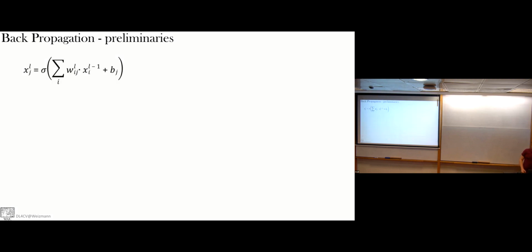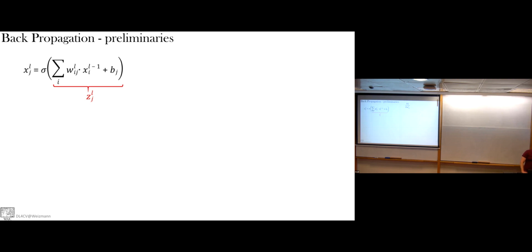Okay. So here is how we're going to approach our challenge of getting the gradient of all the weights and biases in a neural net. So this is the function that we have for every neuron, and I'm going to annotate the thing in the brackets as z, just so it can help us later to write things shortly.